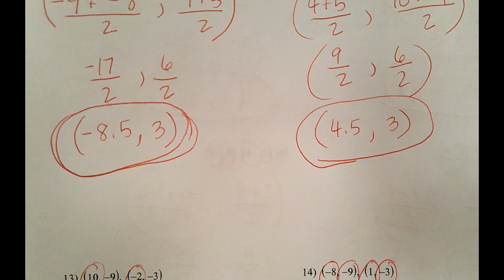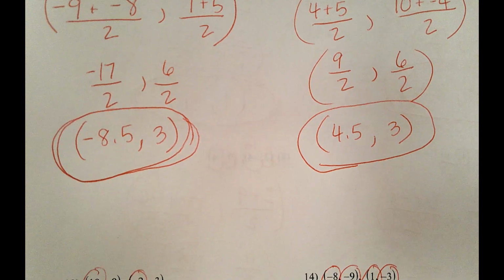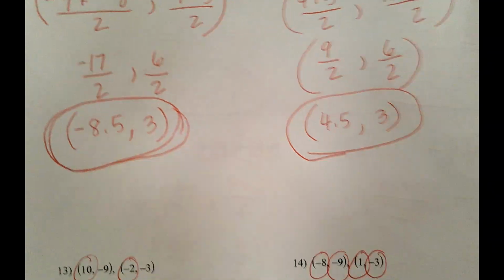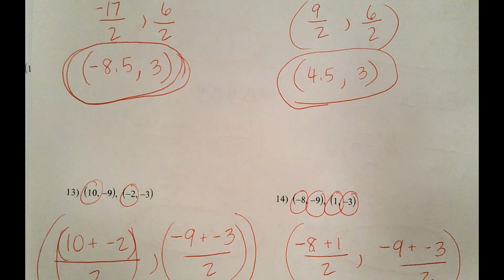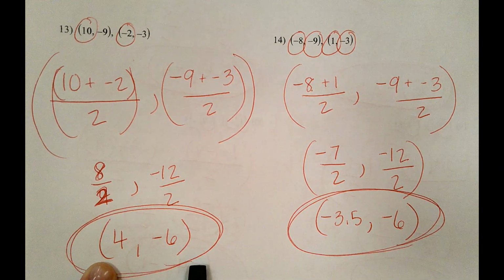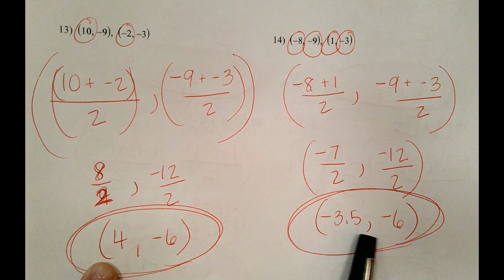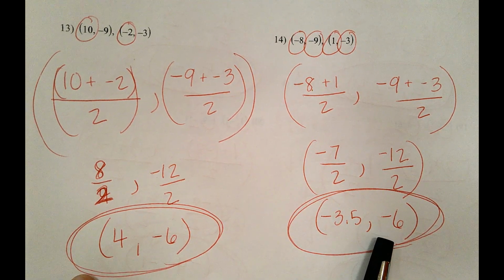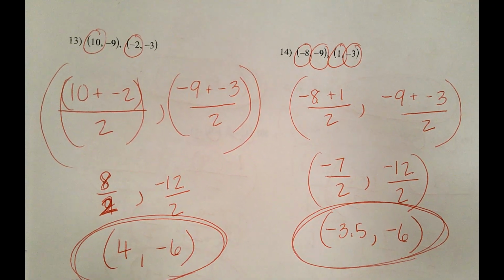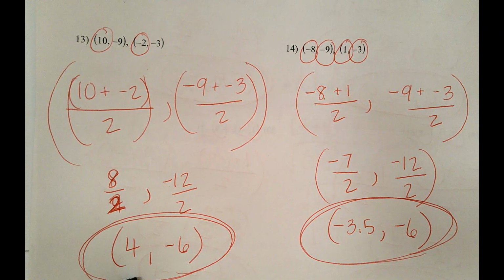Number 13, I got +4, -6. And number 14, -3.5, -6. Copy what's down if you're making an answer key.